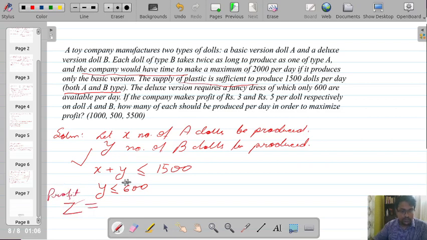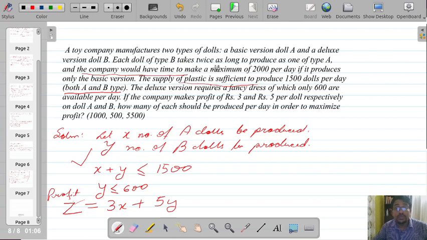We produce x number of A dolls, and the profit on a doll of type A is rupees 3, so the total profit is 3x plus 5y. Till now we have two constraints, and together with that we have the profit function: z equal to 3x plus 5y.